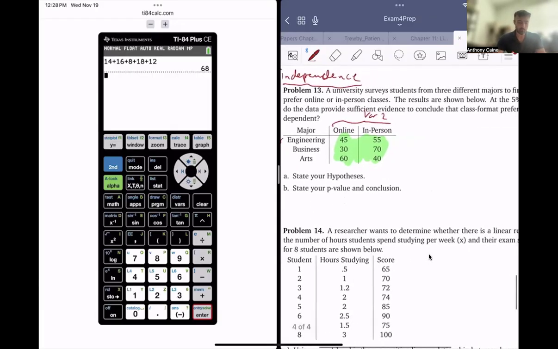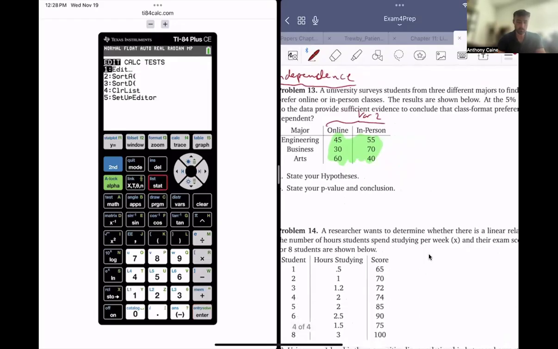So, okay, if you want to do a chi-squared, we want to go to matrix, which is this button here. Thankfully nothing happened, because it tries to do an inverse, but we can't do an inverse on this screen. I want to get to the matrix menu, so I have to press second and then that button. Now I'm in the matrix menu. Go over to edit, and I need to input this data.